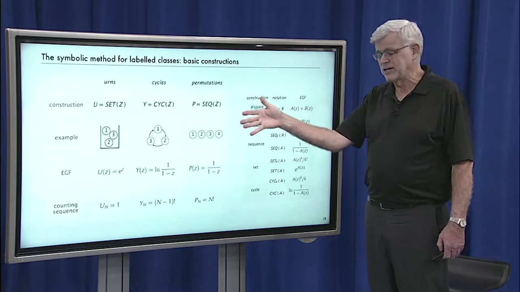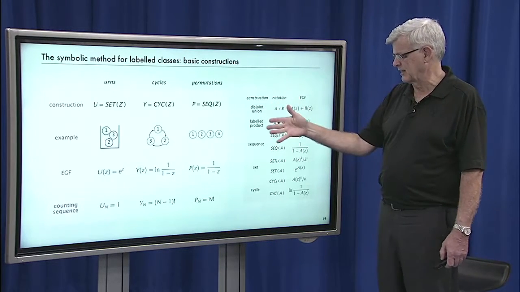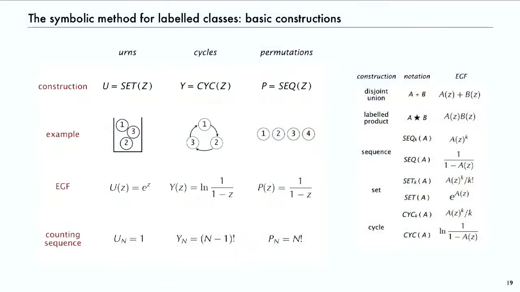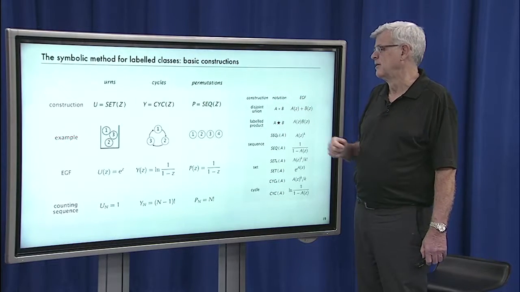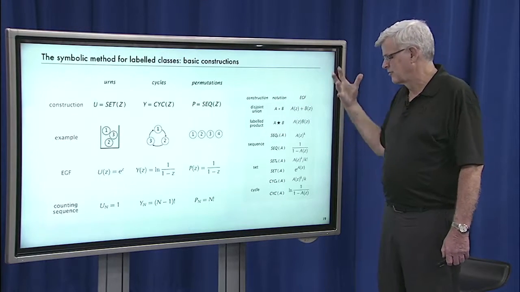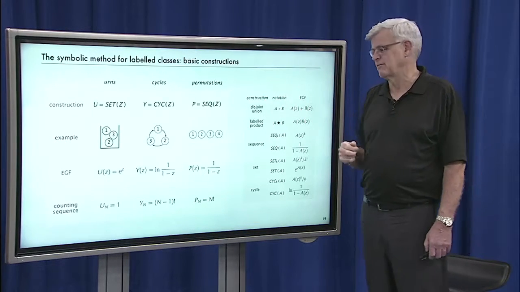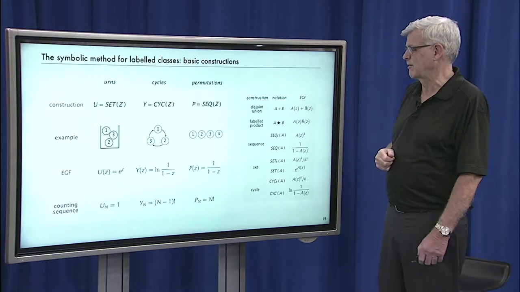And then we can extract coefficients from those generating functions to get the counting sequences. And again, of course, this checks for the basic constructions, but that's the same method that we're going to use for any kind of combinatorial class: specify the construction, use the transfer theorem to get a generating function, and then extract information about the coefficients from the generating function.